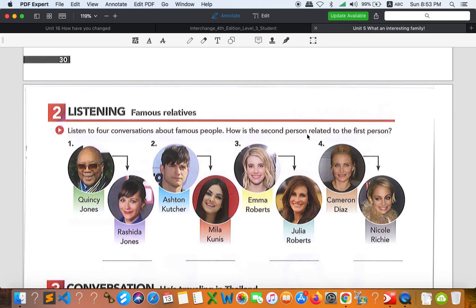How is the second person, this person, this person, this person, and that person, the last one, related to the first? As you can see, there is an arrow. So you need to find out their relationship between these two, these two, these two, and these two. It can be brother, son, daughter, husband or wife, cousin, sister-in-law, things like this. So make sure you listen and find out the answer for that.